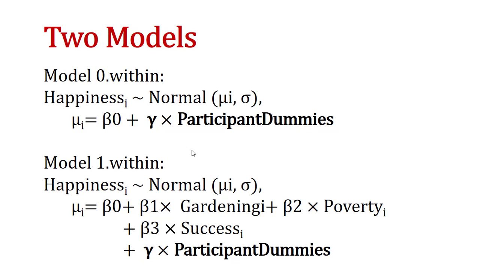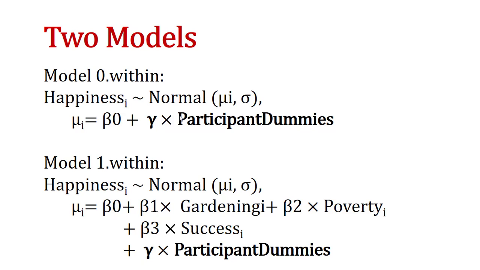We are going to put value 1 to participant 1 and value 0 to all the other participants. Dummy variable called participant 2, everybody has a 0 except participant 2, who has a 1, and so on and so forth.